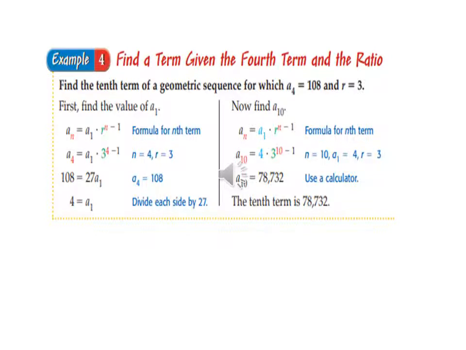Another example related also to the geometric sequence. Example number 4. Find a term given the fourth term and ratio. Fourth term a sub 4 and the common ratio r equals 3. Find the eighth term of a geometric sequence for which a4 equals 108 and r equals 3. First find the value of a1.